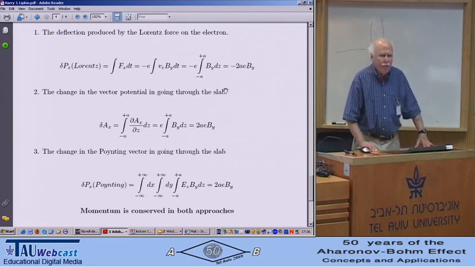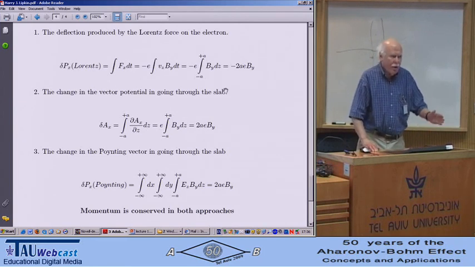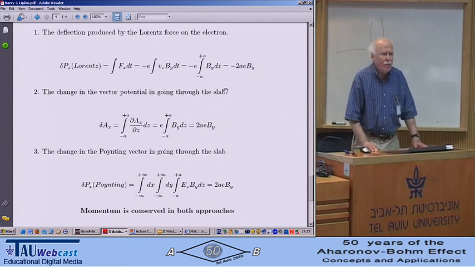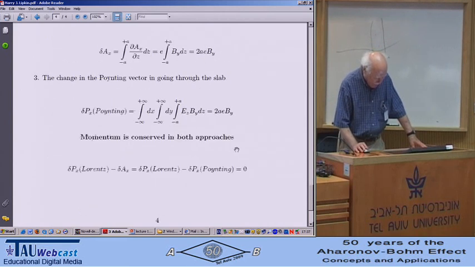But if you don't want to use the vector potential, you can do it too, but now you have to have fields going through the slab out to infinity.